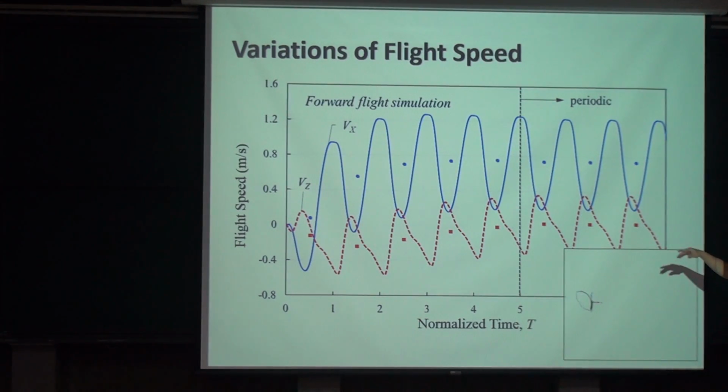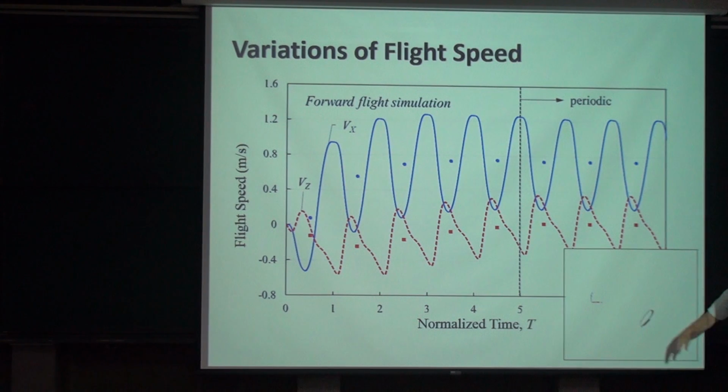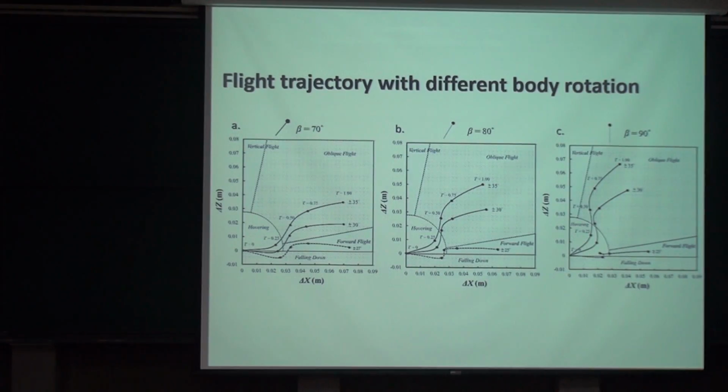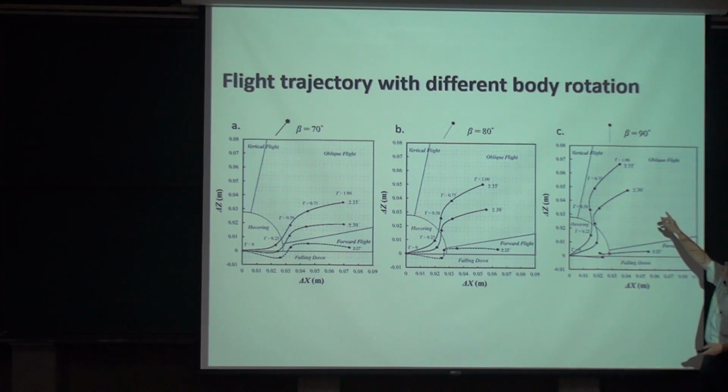Okay, so this is the second part, the numerical simulation. Let's do the simulation for several cycles. Okay, and we also change the body angle systematically, from 70 degrees, 80 degrees, 90 degrees. If we change the body like this, 90 degrees, that's vertical.